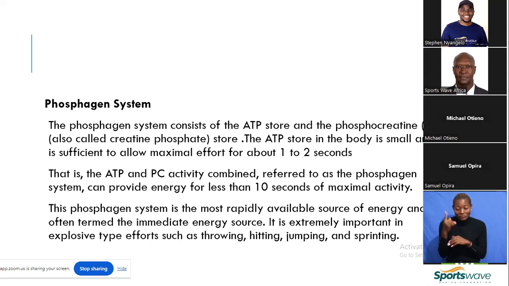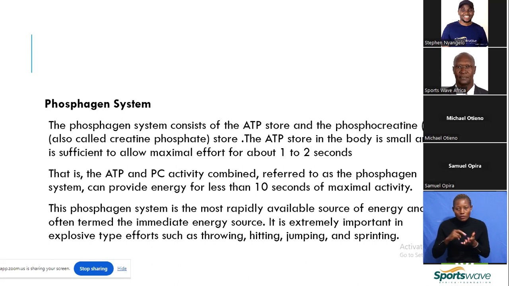So there is no oxygen coming in, but there is normally readily available ATP in the form of what is called creatine phosphate. And that's why sometimes it's called the CP system. That is the one that provides the phosphate that is required for that energy. But it is not enough.